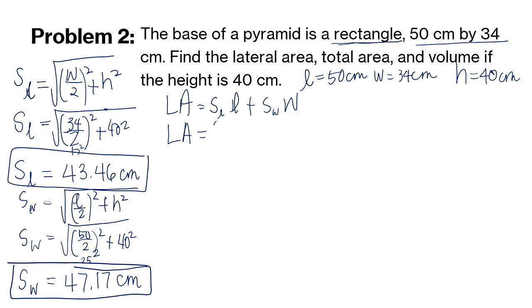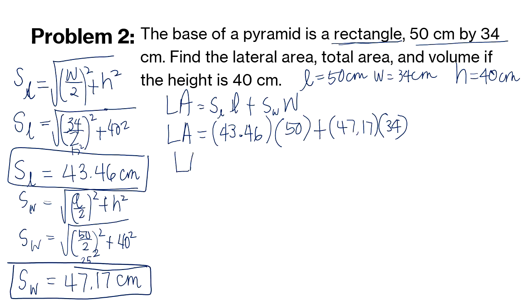Substituting our given information, we have 43.46 centimeters times the length, which is 50 centimeters, plus slant height of the width, 47.17 centimeters, times the width, which is 34 centimeters. Using our calculators, we get 3,776.78 centimeters squared.